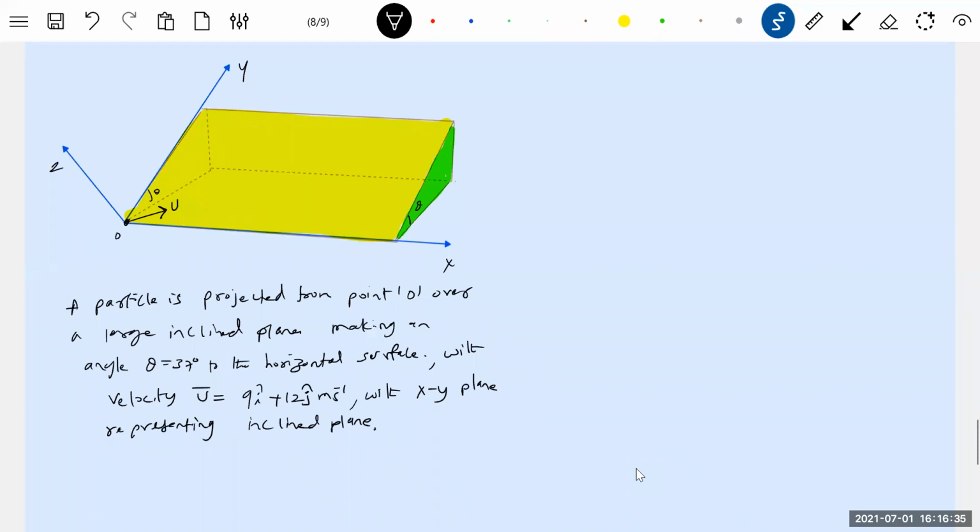Okay, fine. So this is about how gravity will act, vertically down. Theta equal to 37 degrees, and it's telling the initial velocity.